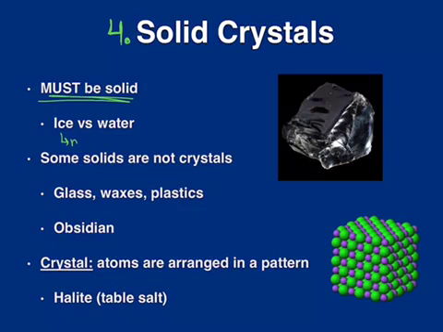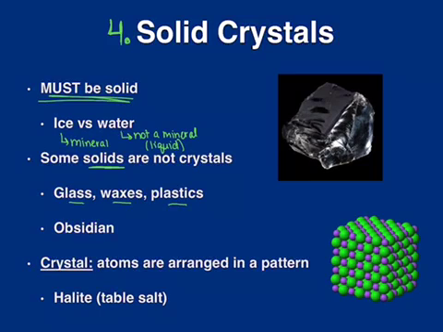Ice is a mineral, whereas water is not a mineral, because water is a liquid, and liquids cannot be solid crystals. Some solids are not crystals, like glass, waxes, and plastics.